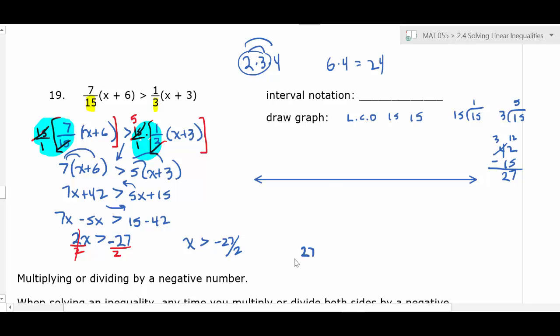If you do 27 divided by 2, 2 divided by 2 is 1, 1 times 2 is 2, that's 0, bring down the 7, 7 divided by 2 is 3, 3 times 2 is 6, so you have a remainder of 1. This is really 13 and 1 left over out of 2. So this is really x greater than negative 13 and a half. Or if you took a calculator and did negative 27 divided by 2, you're going to get negative 13.5.